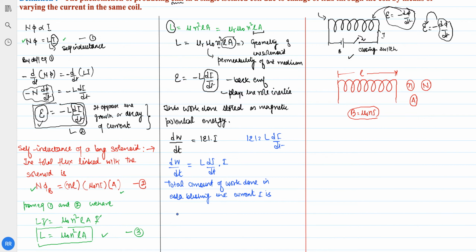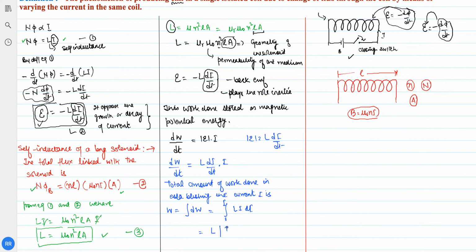W is equal to the integral of dW from 0 to I. Now the above equation will become L I dI. Okay, so you can integrate now. You know everything about it: L can be taken outside.